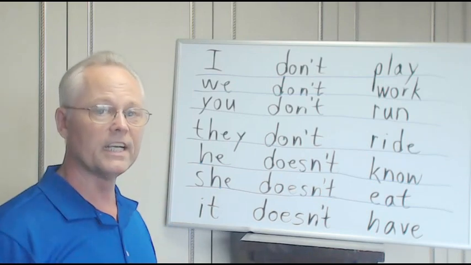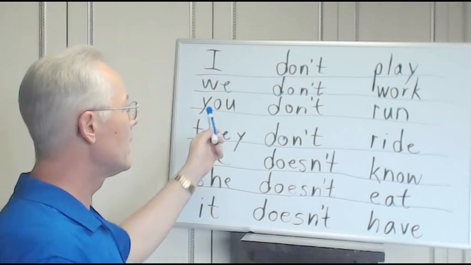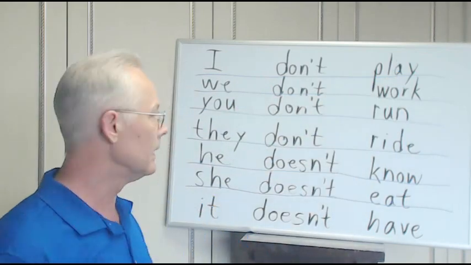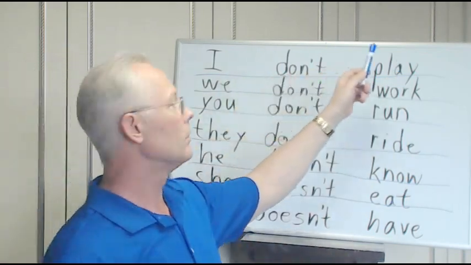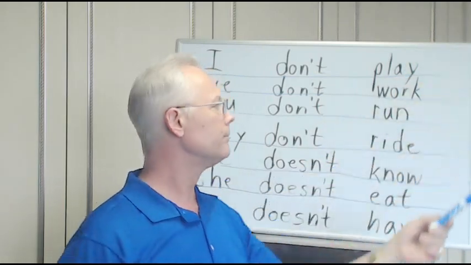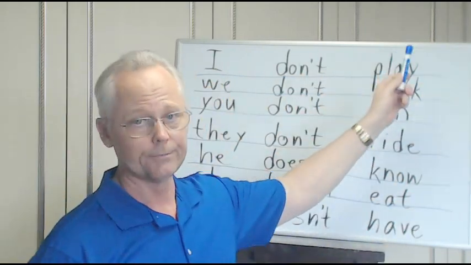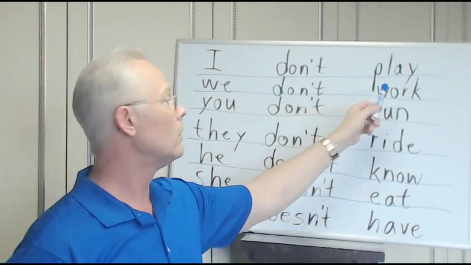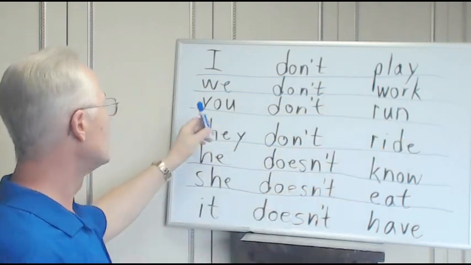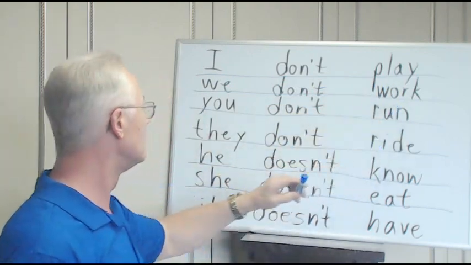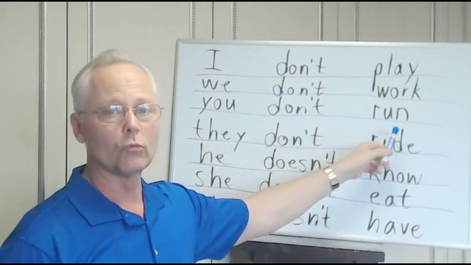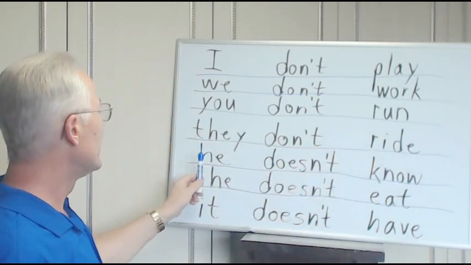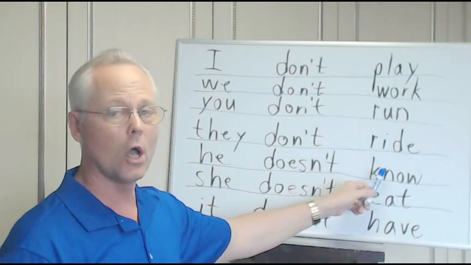So let's read through the negative use of these. Now remember, these sentences can be extended. I don't play baseball. We don't work. You don't run. They don't ride. He doesn't know.